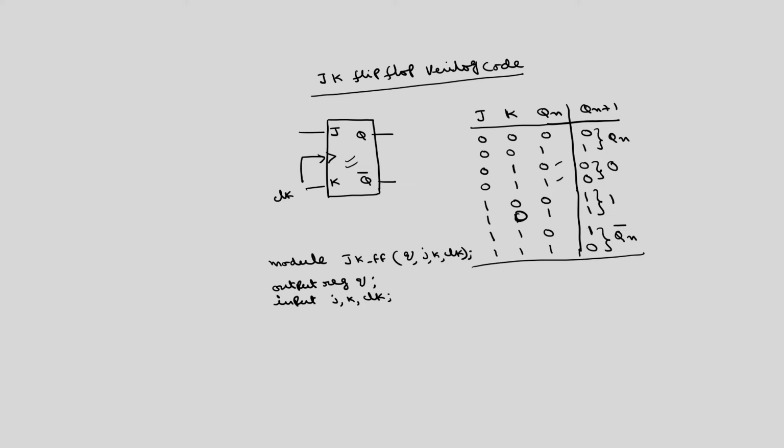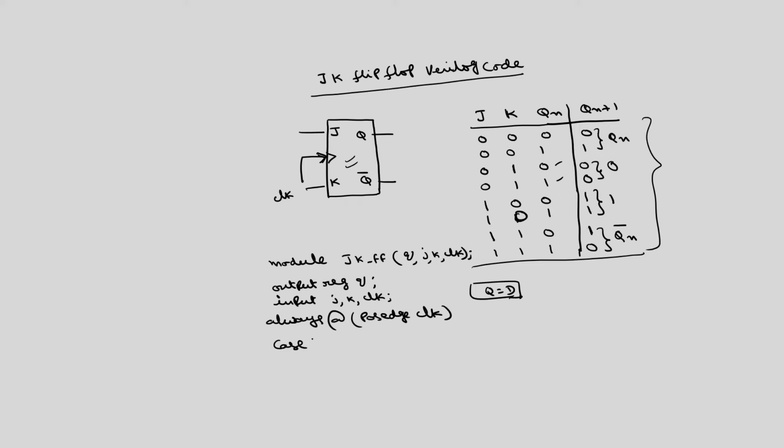Now, here we cannot write an expression for the output as in the case of the D flip flop, like Q is equal to D. Whereas in the JK flip flop there is no such expression. So, you have to describe this truth table in the Verilog code. For that we will use a case statement. always at, because I have not given the bubble, you can call it positive edge, posedge of the clock, case.